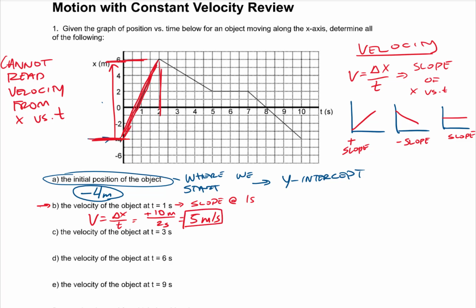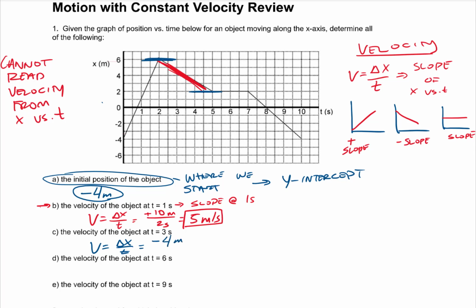The velocity of the object at 3 seconds. Now here, I know I have a negative velocity because I have a negative slope. So I'm going to look at this segment of the line in red, and we go from 6 meters down to 2 meters. So for that velocity, we do delta x over time. That delta x is -4 meters.